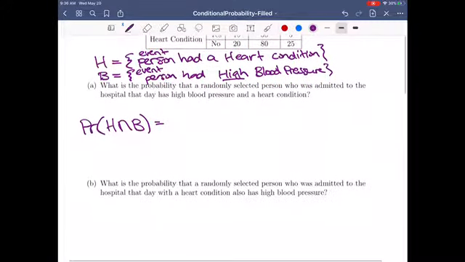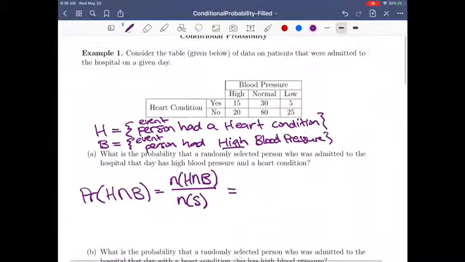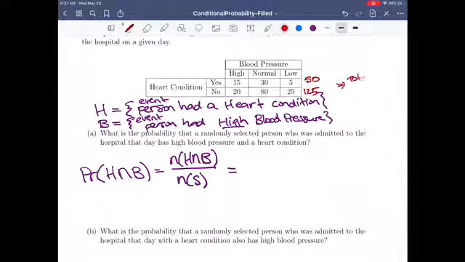It's just the people that went to the hospital that day. So in order to compute this probability, it's the number of people who had a heart condition and high blood pressure divided by the number in the sample space. So how many people were in the sample space? Well, we need to add up how many people were in this chart. If we do it by row, the first row is 50 and the second row is 125, so the total is 175.